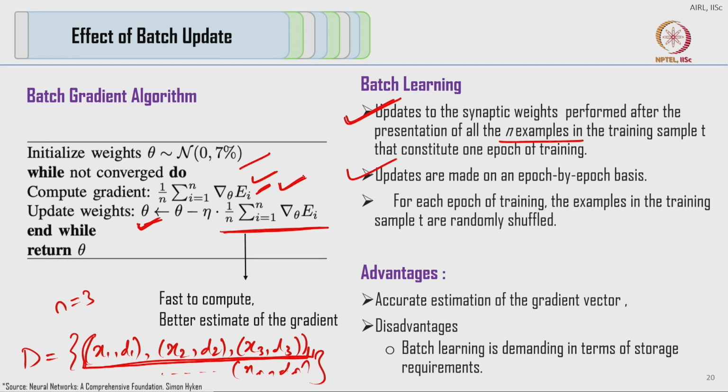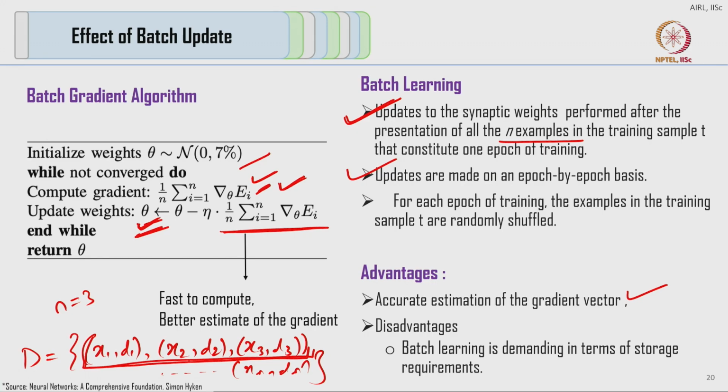Once we calculate this particular gradient, we update the weights. A particular advantage of this is that although we take n examples, it does give us an accurate estimate of the gradient vector. Compared to the previous online learning, it is not passing sample by sample. It is taking a set, getting the average of the gradients and then updating the weights.